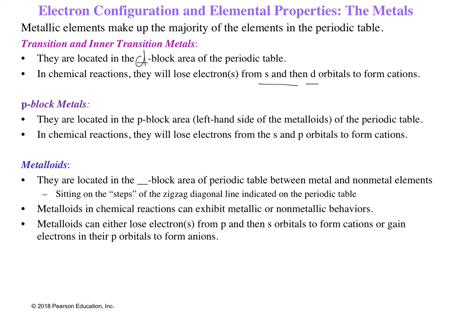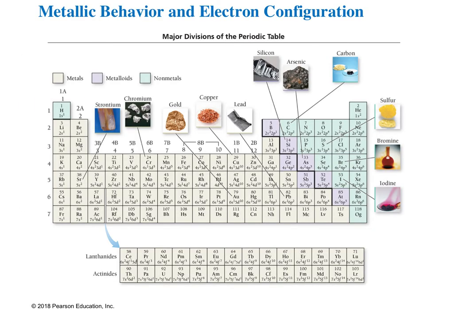P-block metals, those are the ones to the left of the metalloid little zigzag staircase, and they'll lose electrons from their s and p orbitals to form cations. Metalloids are on the p block in the little zigzag staircase, and they can have metallic and non-metallic behavior, so they could either lose electrons from their p and s orbitals or gain electrons to their p orbitals to form some anions, so they can do both.